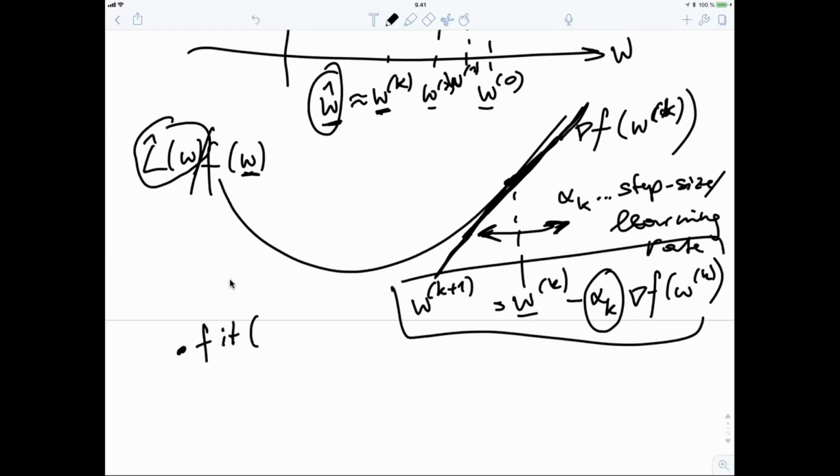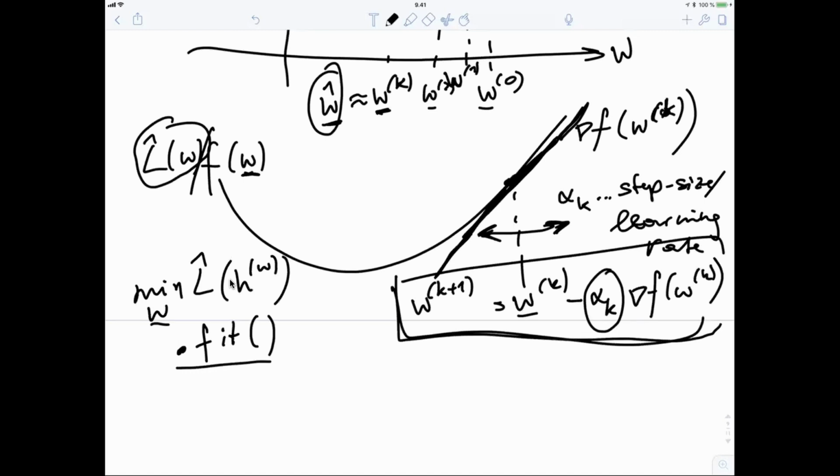Whenever you solve this empirical risk minimization problem, for example, finding the best weight vector of a linear hypothesis in order to minimize the training error, you do this with a dot-fit function. What the dot-fit function does is run a sufficiently large number of gradient descent iterations or steps. Okay, so any questions at this point?